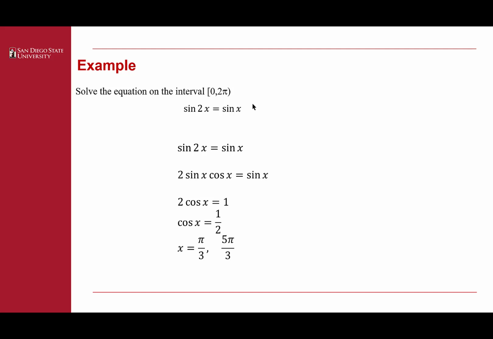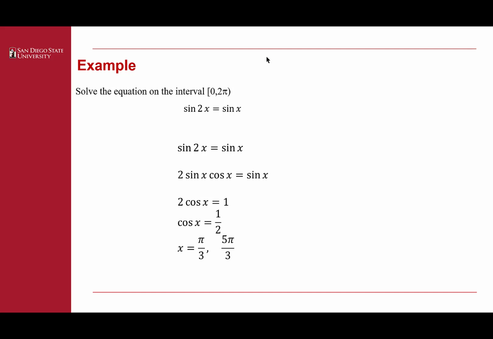Here, for the given interval from 0 to 2 pi, the question is sinus 2 times x equals sinus x, which is an interesting one, but not hard. In this case, we have to use one of the identity relations that we have learned in the previous course.